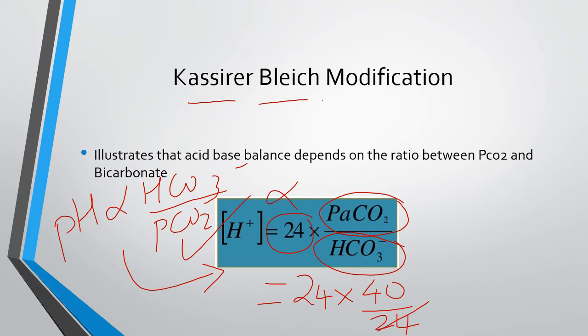The 24 cancels, so we get the H plus at the normal pH of blood to be 40. This is nanoequivalents per liter. So this is a simpler way to check the validity of an ABG. You just plug in these values and check the H plus concentration, and using the H plus, you can get the pH value.